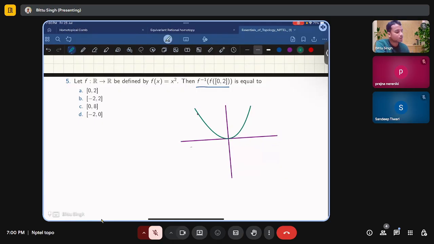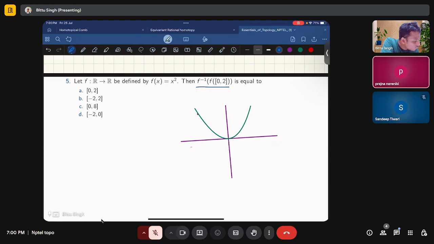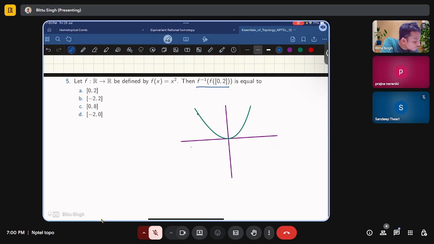So this is the graph. Now the question is, what is f inverse of f of [0, 2]? So first we take this, applying f it will be like this, so we get 0 to 4. This will be the value.